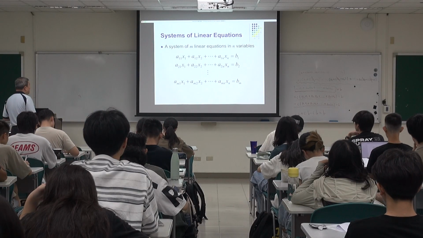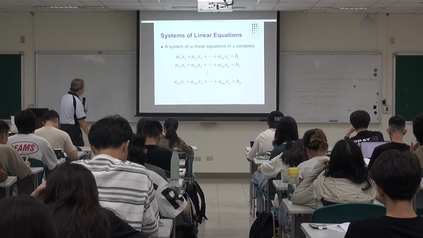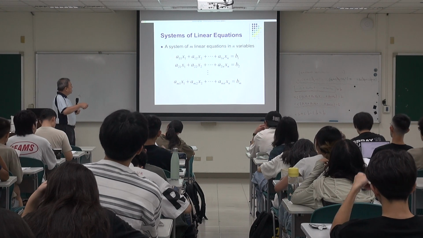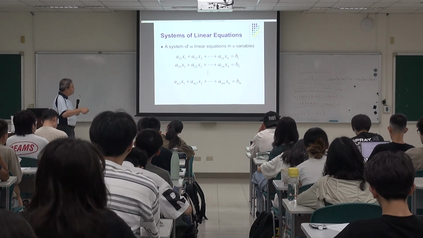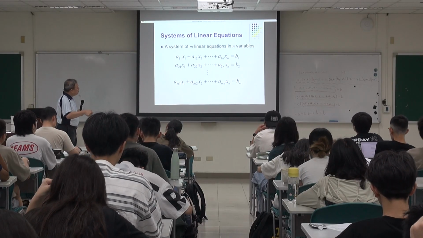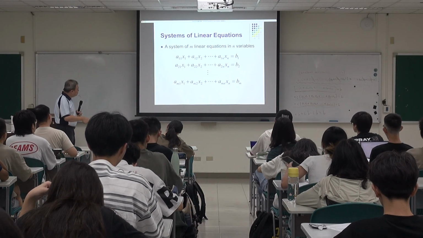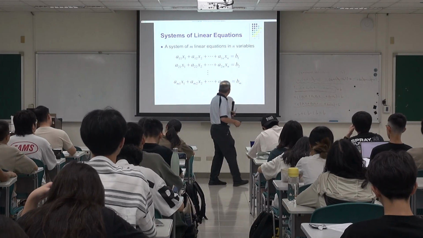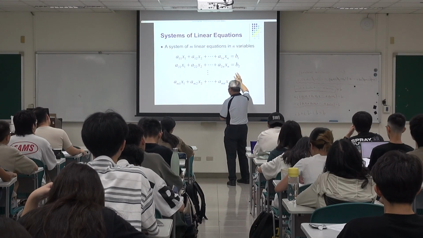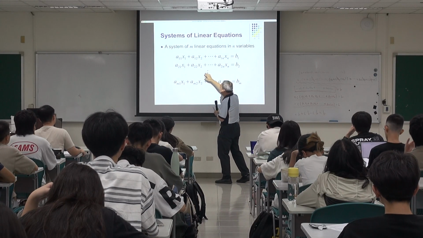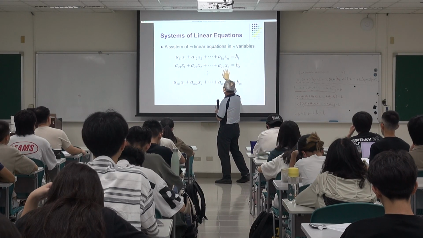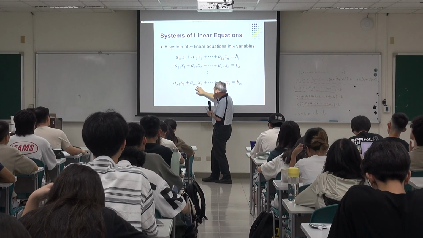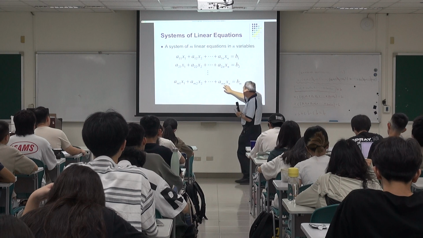Now we are moving toward a system of linear equations. In particular, we're going to have a system of n linear equations, and still n variables. They can be written like this: a11 x1 plus a12 x2 plus blah blah blah plus a1n xn equals b1. a21 x1 plus a22 x2 plus blah blah plus a2n xn equals b2, and so on, up to an1 x1 plus an2 x2 plus blah blah blah plus ann xn equals bn.